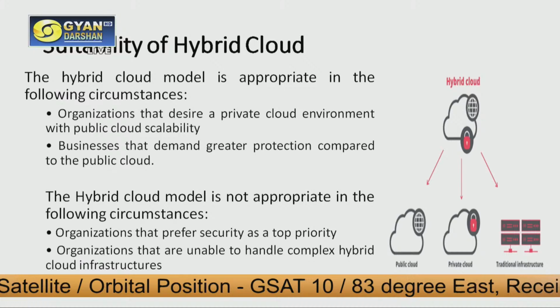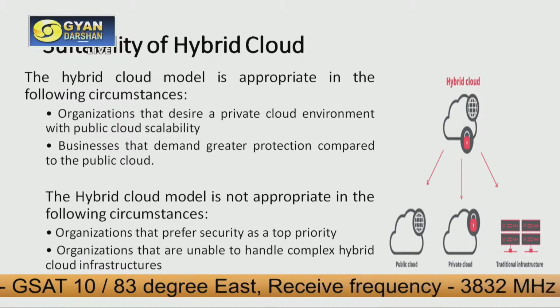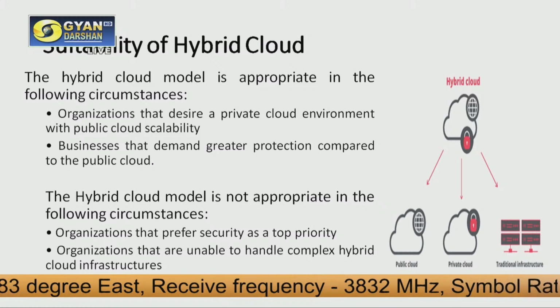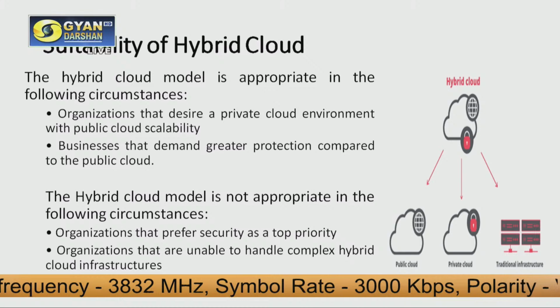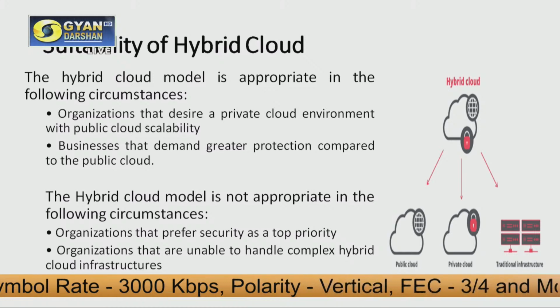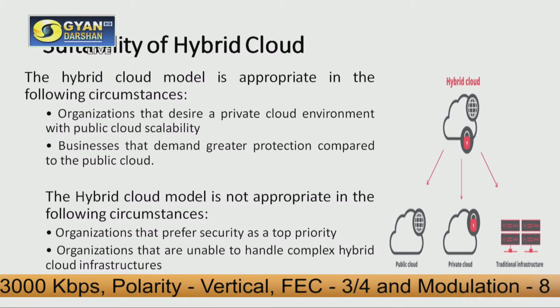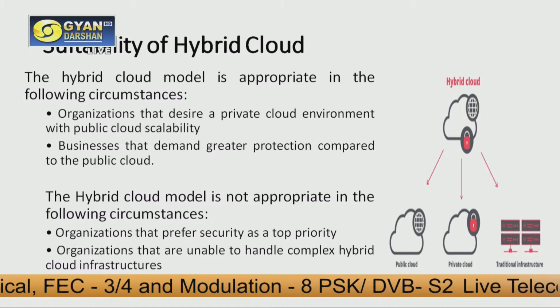Now, there are the suitabilities, the environments when it is advisable to use the hybrid cloud. Hybrid cloud is appropriate for circumstances wherein organizations desire a private cloud environment with public cloud scalability. So we want secure data but with public cloud scalability, and in that situation it is better to go for the hybrid cloud environment.